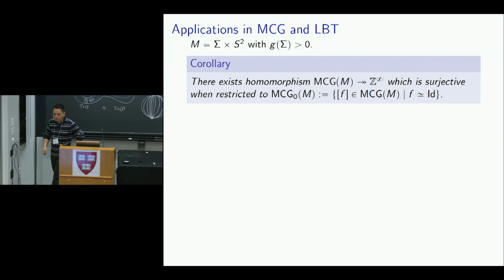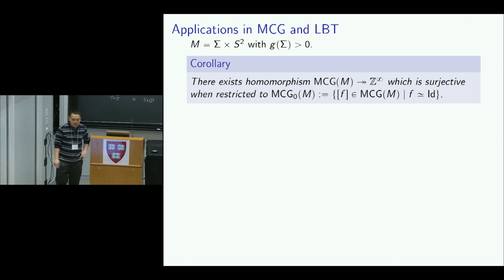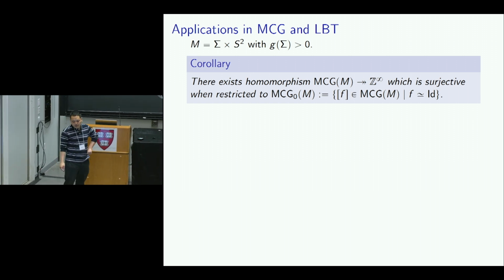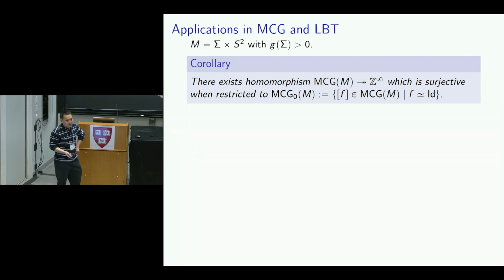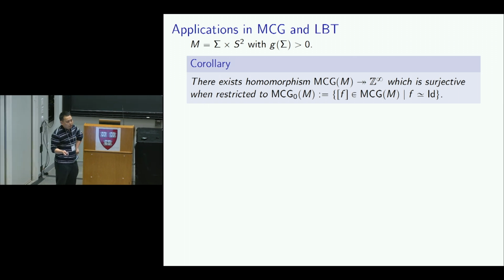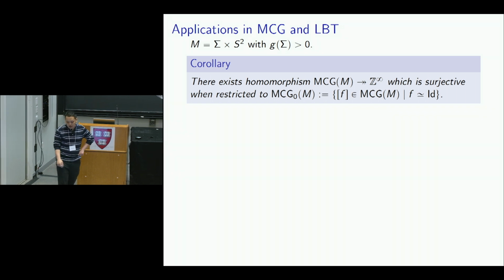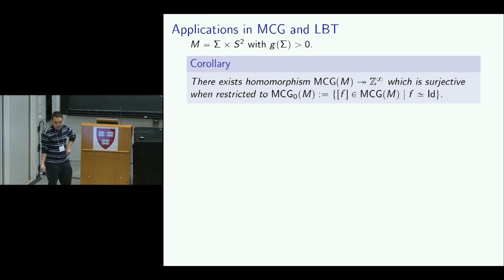For example, if you consider this product manifold, then there exists a homomorphism from this mapping class group to Z infinity, infinite copies of direct sum of Z, which is surjective, and it remains surjective if you restrict this homomorphism to the subgroup of maps which are homotopic to the identity.